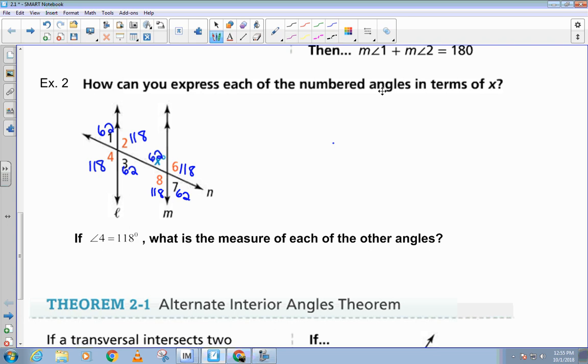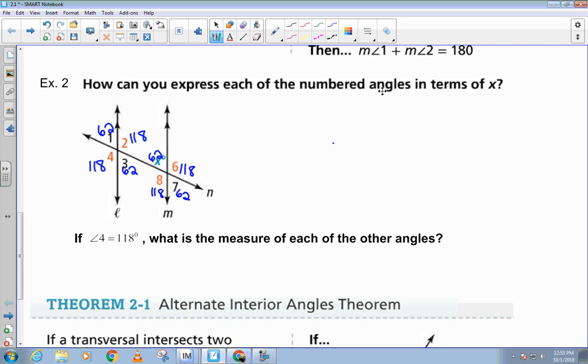They're congruent, as is x and 3. What about corresponding? What's a pair of corresponding angles? 2 and 6. And what relationship do they have? They're congruent, as would be 4 and 8, 3 and 7, and 1 and x.